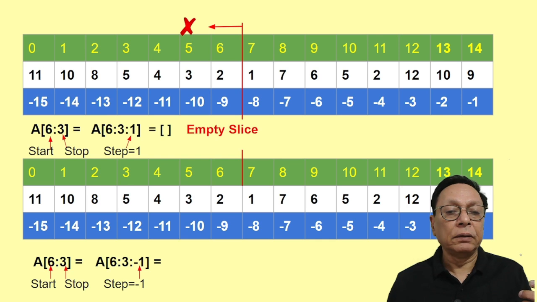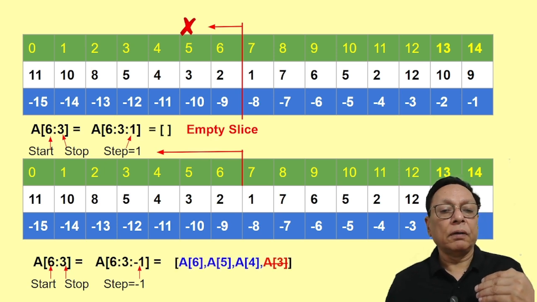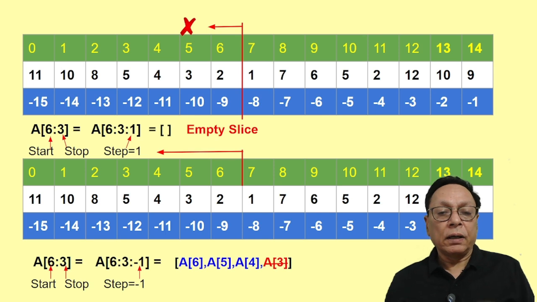So see here, so 6, 5, 4 and stop. So 3 will not be included, and rather we exclude A[3]. So values will be 2, 3 and 4.